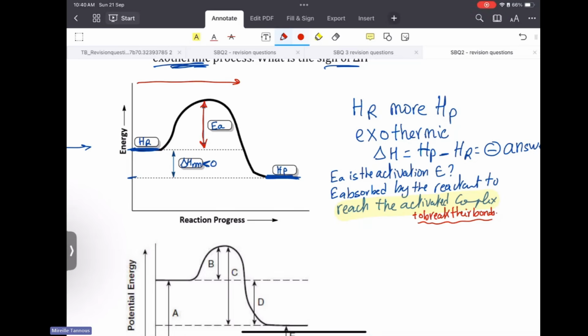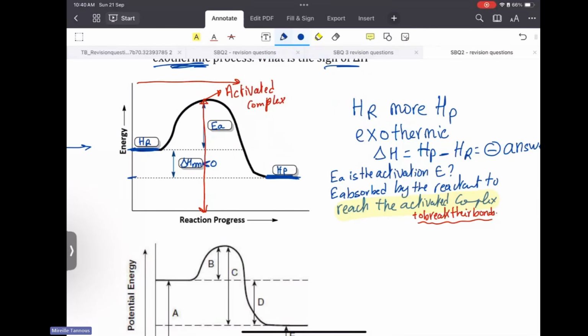Or I can ask you, label, or where is the activation energy of the forward reaction? Here it is, activation energy of the forward reaction. Now, from here till the bottom, that would be the activated complex.